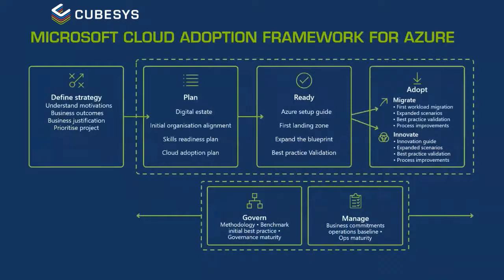The Cloud Adoption Framework, which I've touched on very briefly, here's a little bit more of an in-depth look. So strategy, as you can see, is defining your strategies where you understand your desired outcomes. You might be getting ready to build your business case, and you need to understand what those outcomes are, because you need to be able to build up your justification for the project. Or you might need to build that prioritization list of what we are going to prioritize, which environment, which application.